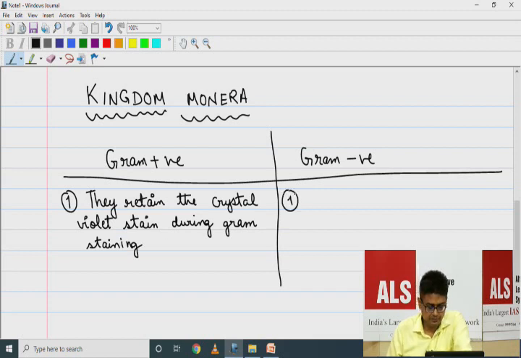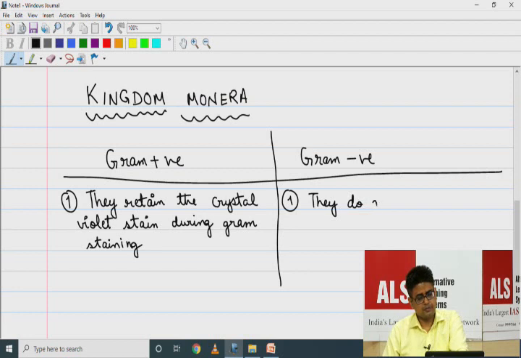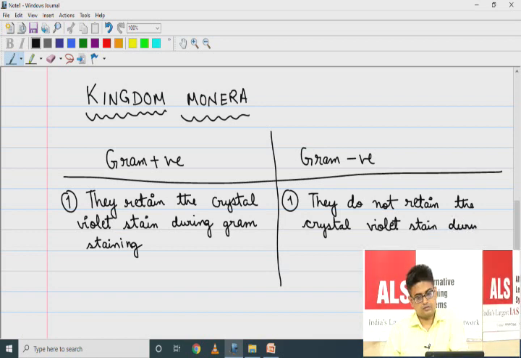Gram-negative bacteria do not retain the stain. This is a very easy point. They do not retain the gram stain or the color. They do not retain the crystal violet stain during gram staining.